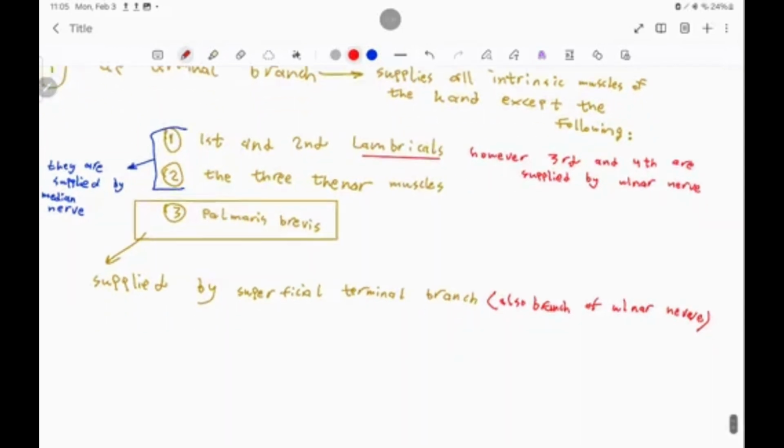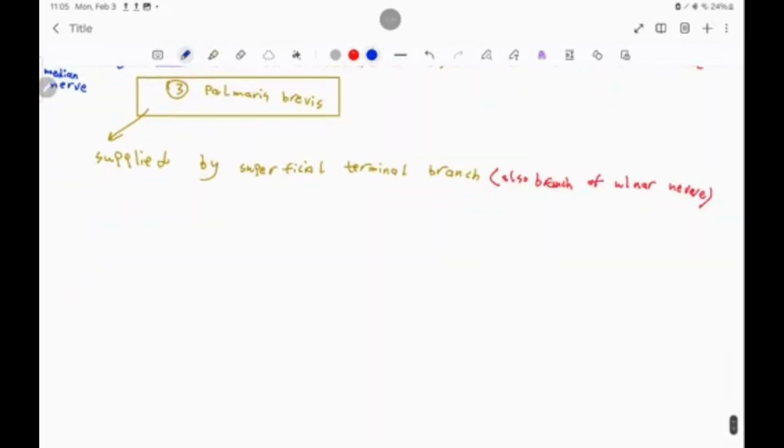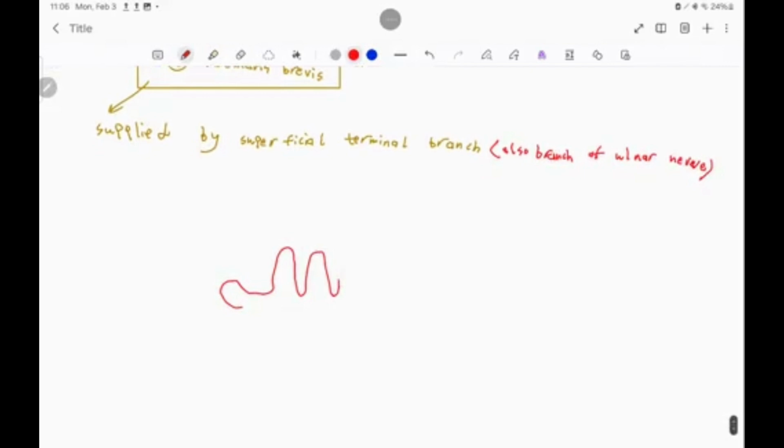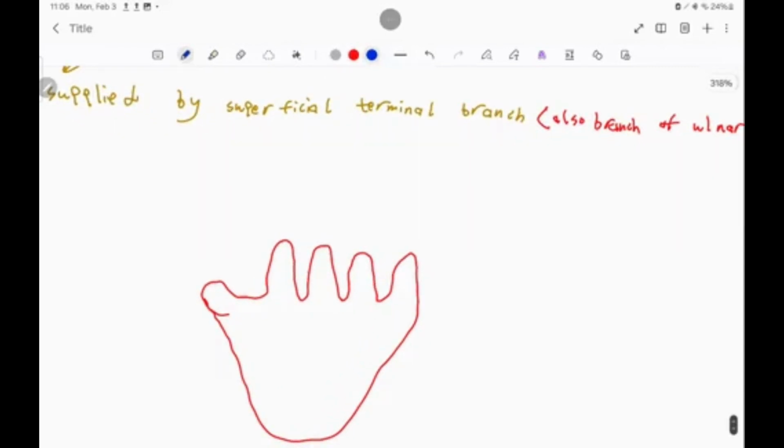Okay, now let's discuss these lumbricals. I'll draw the hand. Here's the thumb, index, middle finger, the ring, and the little finger. What are lumbricals? Let me draw them. Let me number the fingers: 1, 2, 3, 4, 5.